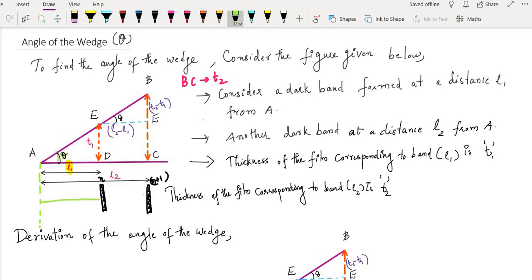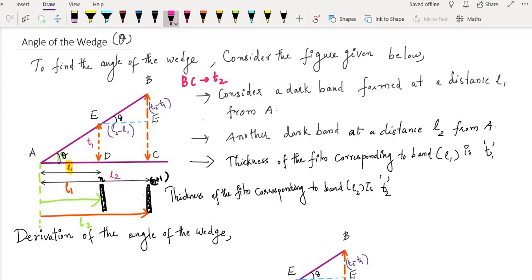From the origin to the nth dark band, the distance is L1. While using the microscope, you can measure the position. From the origin to the n plus first dark band, the distance or position is L2.